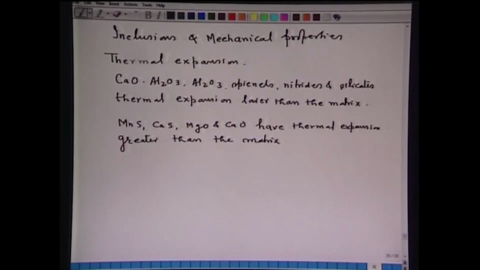So, voids or parting of the matrix can occur, and these voids can act as cracks. So, this is one of the important physical property differences between the inclusion and the matrix.